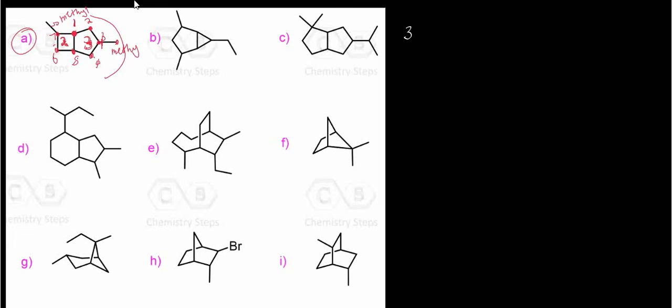At 3 you have a methyl, comma, then the other one, again at 7 you have methyl. So this is what we call dimethyl. Why dimethyl? Because we're having 2 methyls.